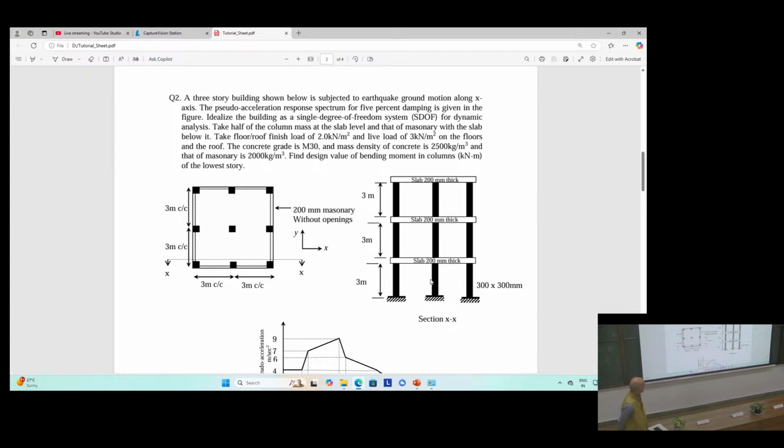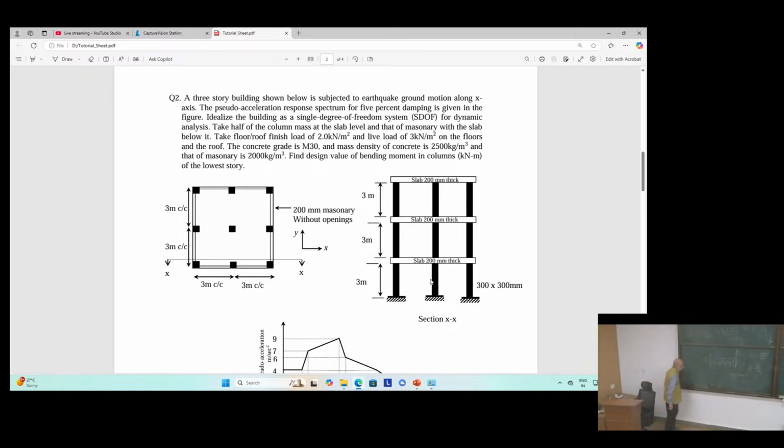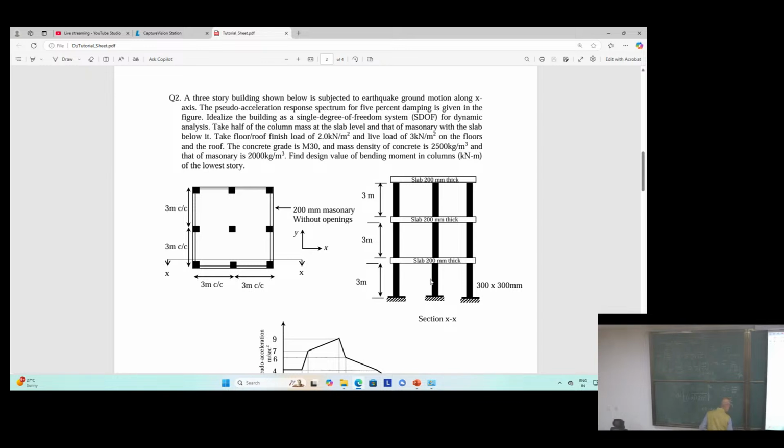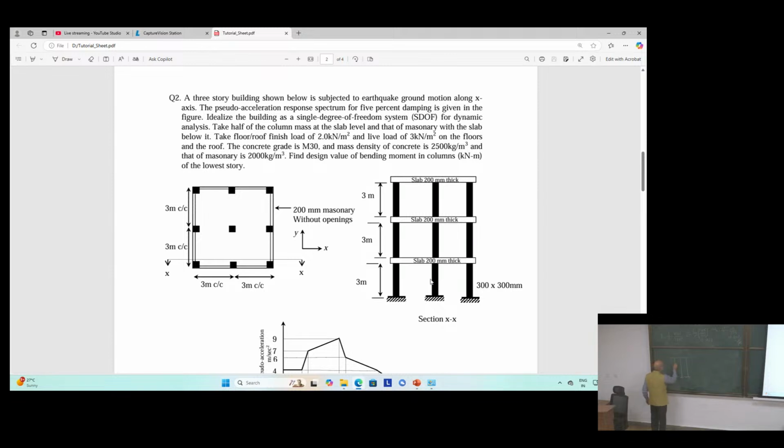So if you see how it could be, likewise you can do it. So this is a particular shape in which you can apply a load.